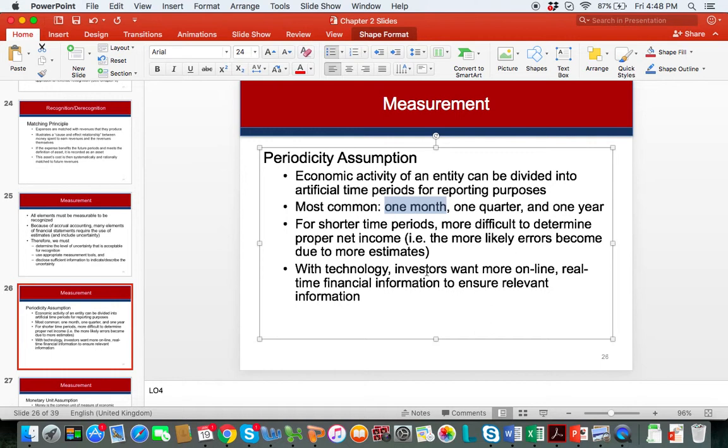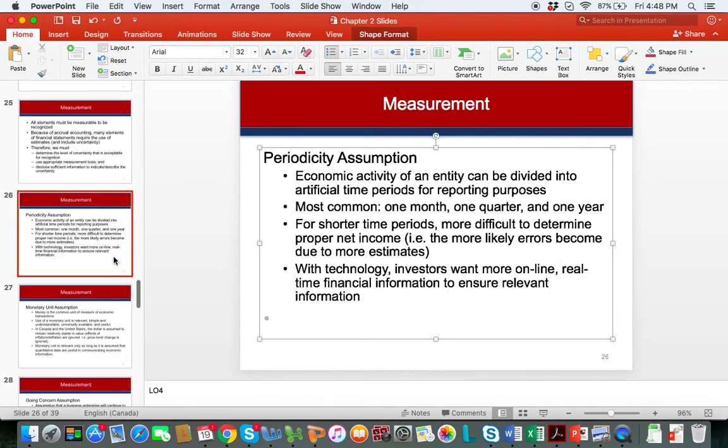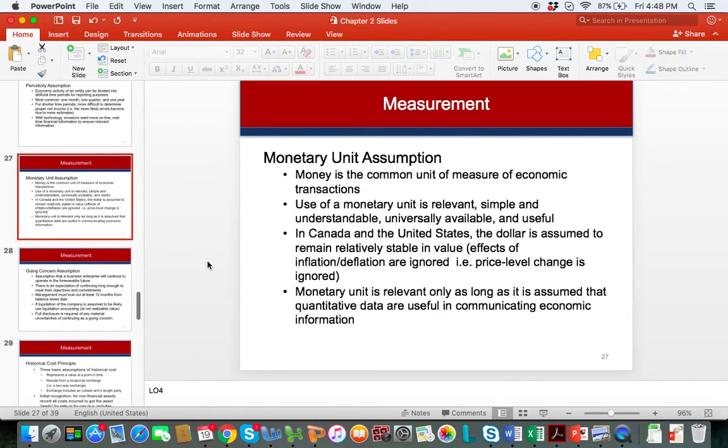With technology, investors want more online, real-time financial information to ensure relevance. You want the information now. In the Loblaws example, you'll want to know on Monday morning how the business has done this week, not in 3 or 4 weeks' time. Next, the monetary unit assumption: money is the common unit of measure. I think this is something everybody should easily recognise.